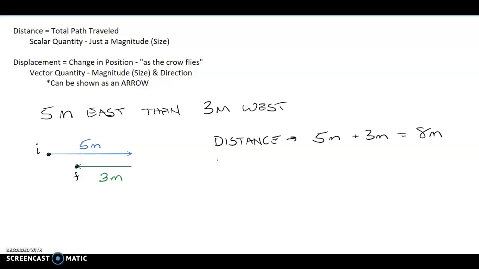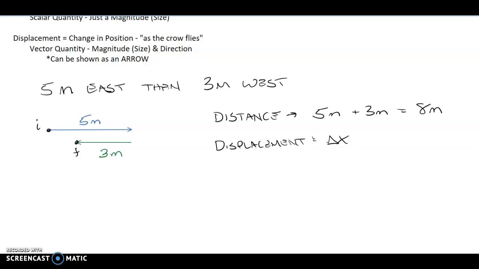However, my displacement is different. Displacement is our change in position. It is delta x. All right, so let's say I started right here, my x initial would be a position of 0 meters. Well, where would I finish? Well, my x final would be, if I went right 5 and then left 3, I would be at positive 2 meters.